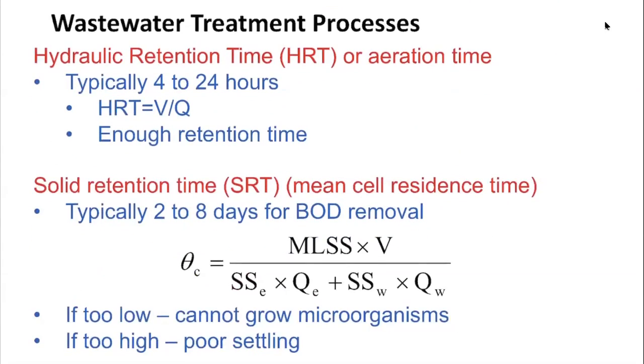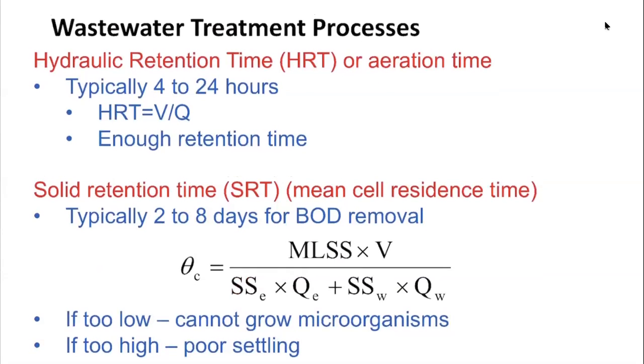So another design parameter is the hydraulic retention time, the HRT, or people just call it aeration time. So this aeration time is similar to the sedimentation time. Basically, it's just calculated by time equal to the volume divided by Q, okay?